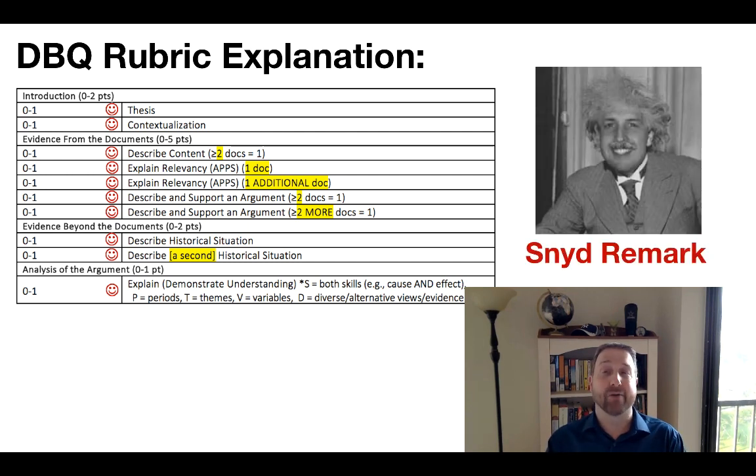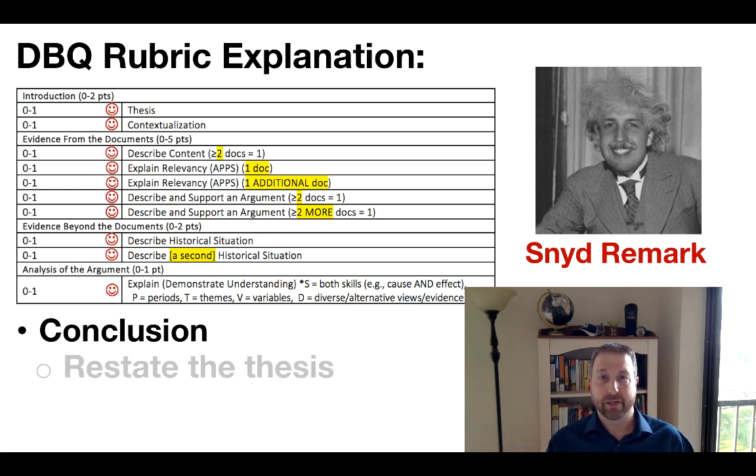Now, as an added bonus, it's time for a snide remark. Even though this is not part of the rubric, I recommend, if you have the time, to include a brief conclusion. Now, let me explain. This is not another full paragraph, but what you do is restate your thesis, but do not rewrite verbatim.